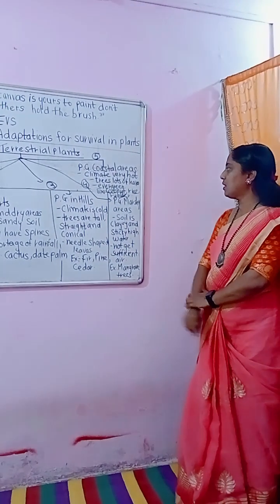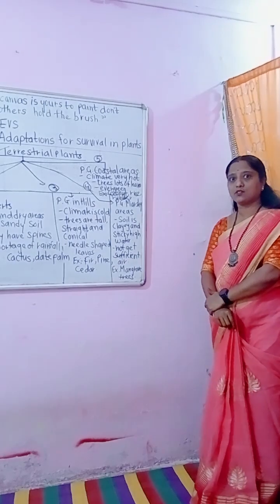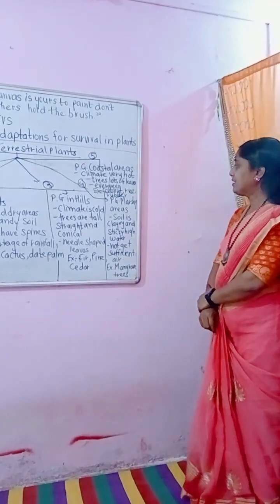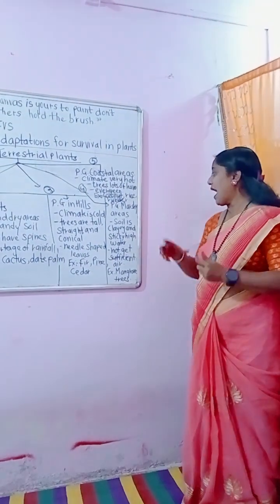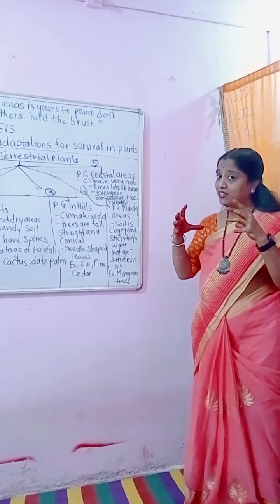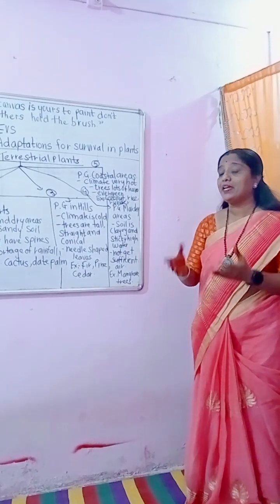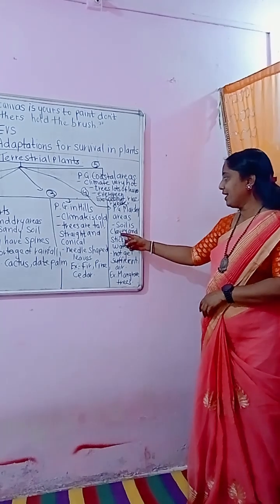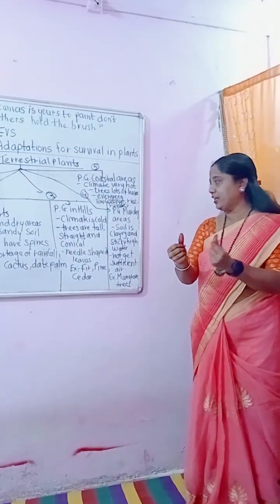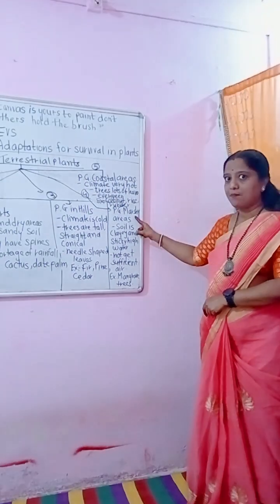Now the next one is plants growing in marshy areas. What is the meaning of marshy areas? The soil is clayey and sticky, with a lot of water in that clay. That is why it is called clay soil, and it is very sticky. Therefore it is called a marshy area.